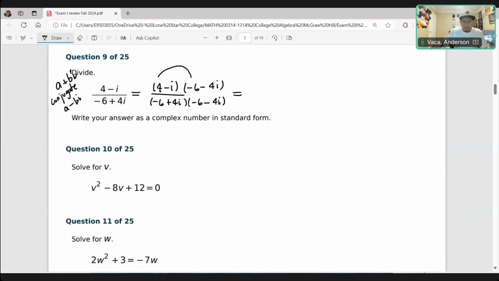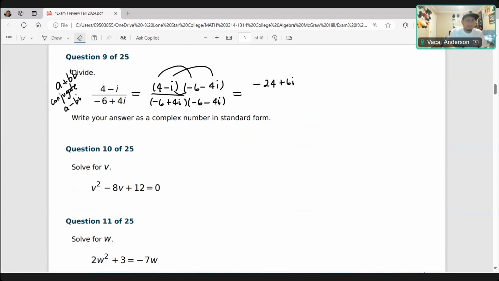We get -24. We get 6i, we get positive 4i, and then, wait a minute, I messed that up again. What in the world is wrong with me? Rewind the tape.